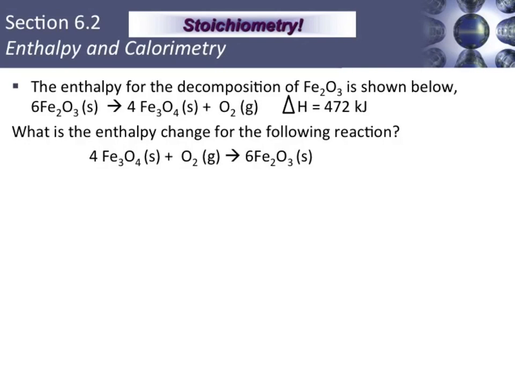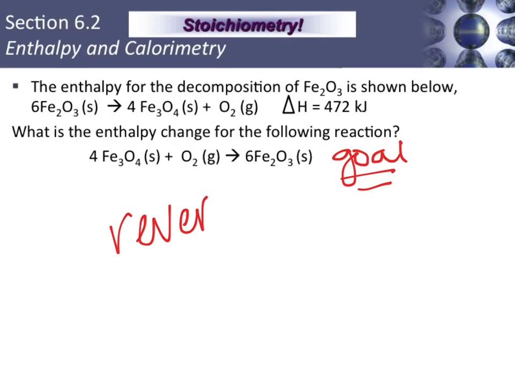All right. The enthalpy for combustion of iron(III) oxide is shown below. What is the enthalpy change for the following reaction? We have our original reaction, and then we have our goal, the end product. What happened from our original to our goal? It reversed. Since we reversed it, the delta H changes sign: it was endothermic, but now it becomes exothermic.